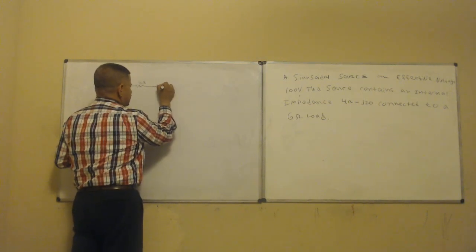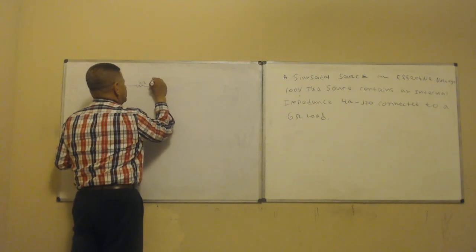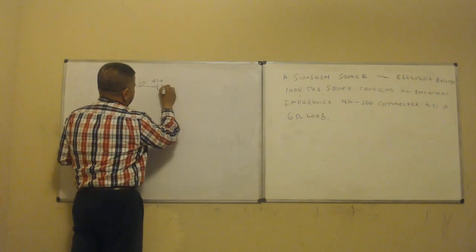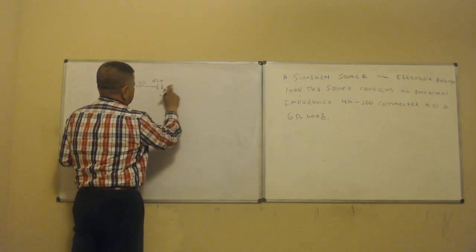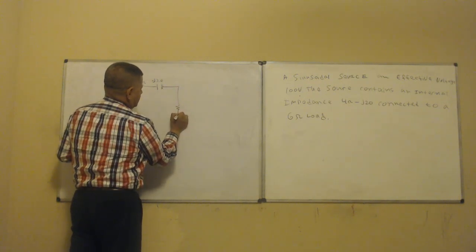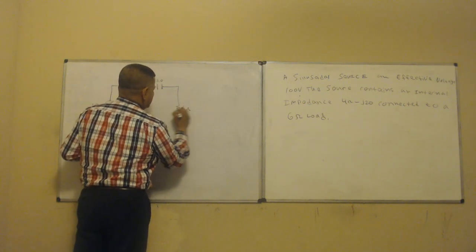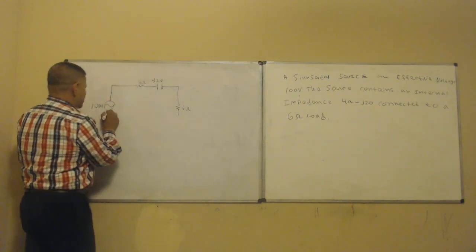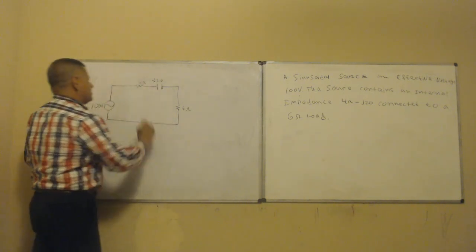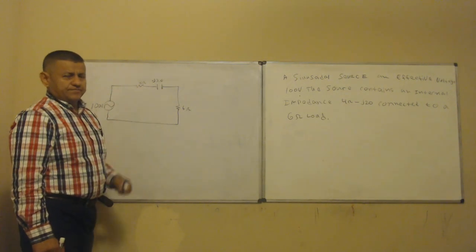If you see the negative, that's a capacitor. This capacitor is negative 20J, right? And then it goes like this. It goes like that. And then we have a 6 ohms load, right? So notice that everything is in series, right? So here everything is in series.